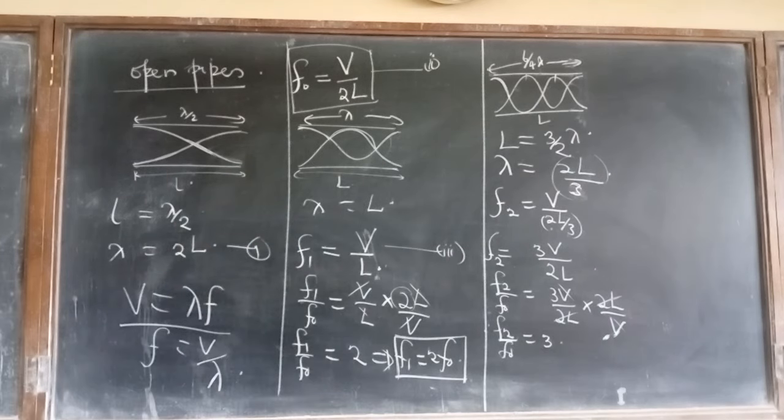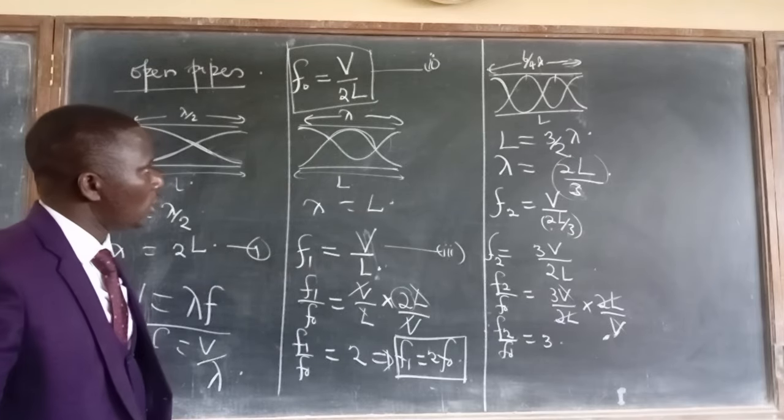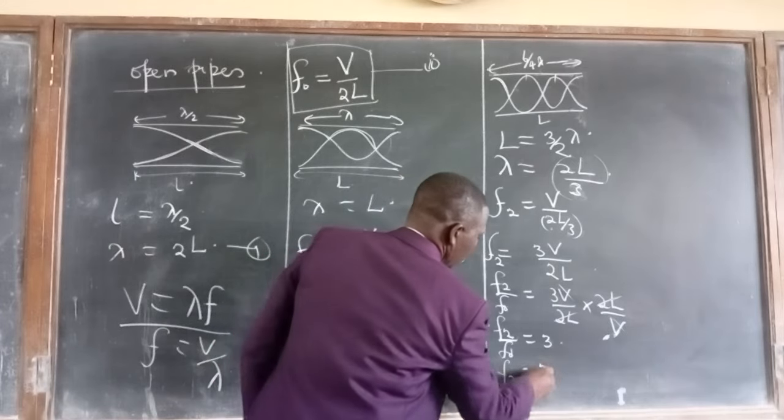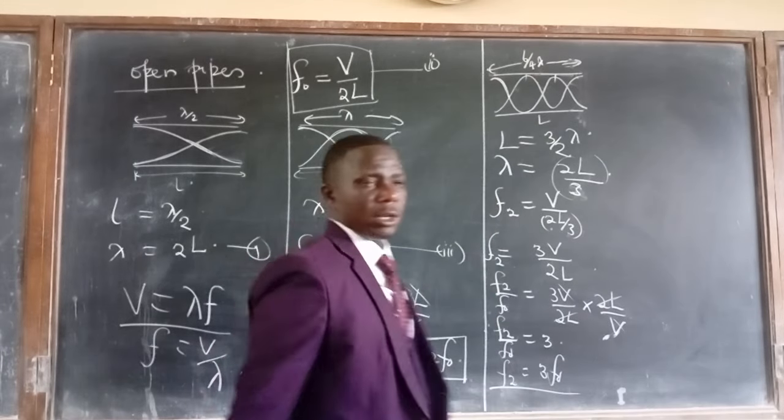Yes, F2 out of F0 will give us a 3, and so this would give us that F2 equals 3F0.